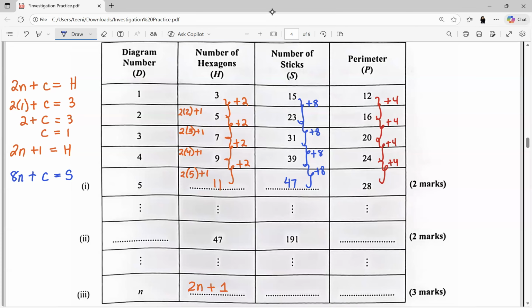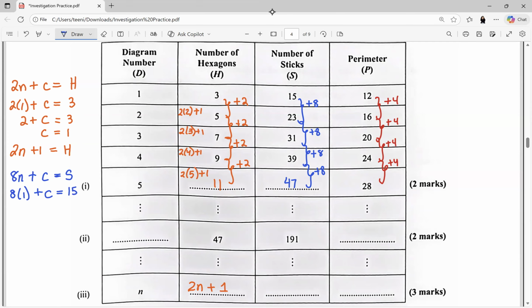All right? So using the first one, when the diagram number is 1, that means n is 1. So it'll be 8 times 1 plus some value c is equal to, in this case, 15, because in the first diagram, the number of sticks is 15. So 8 times 1 plus c is equal to 15.